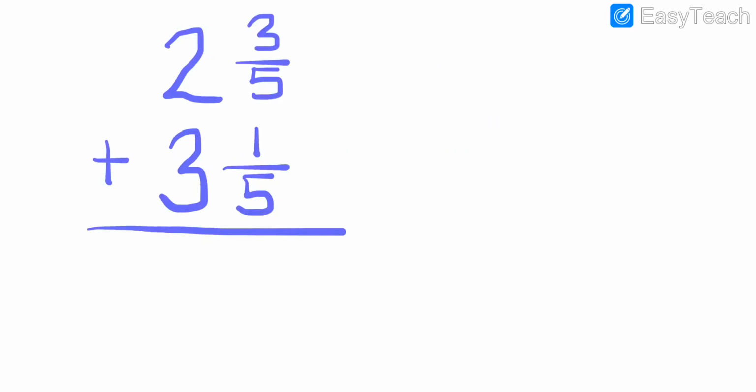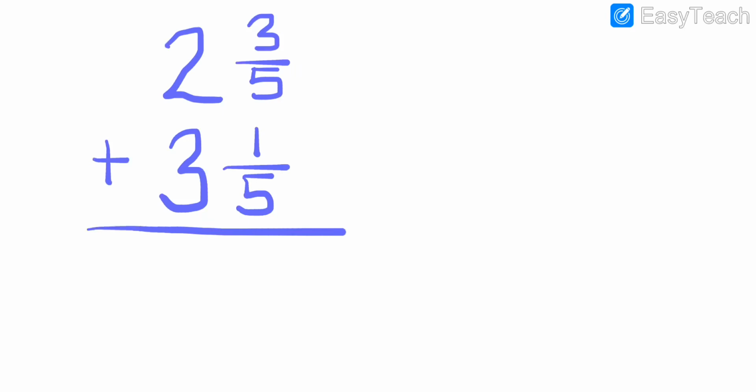Now let's add two mixed numbers. When we're adding two mixed numbers, it's always helpful to write the problem vertically. And you start off by adding the fractions. So I'm going to add 3/5 plus 1/5 the same way that I did just a little bit ago.